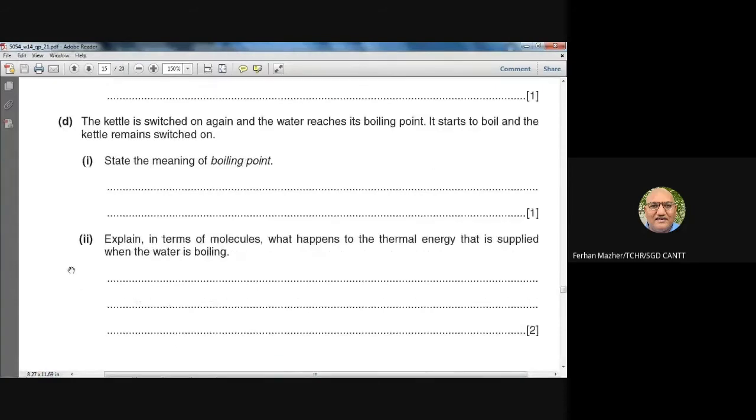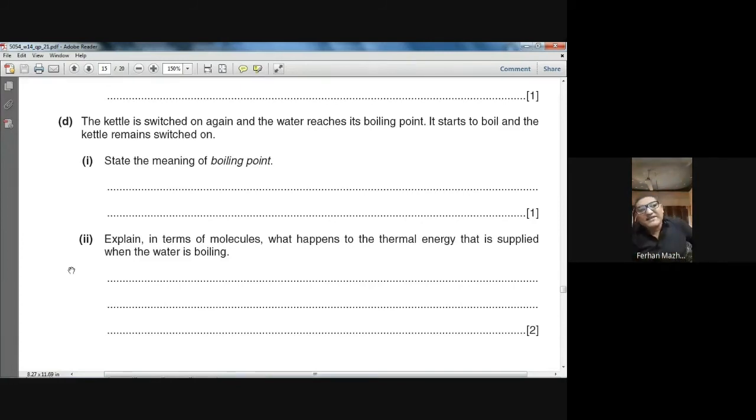D part on your screen. The kettle is switched on again and the water reaches its boiling point. It starts to boil and the kettle remains switched on. State the meaning of the boiling point. Boiling point means a specific temperature. You know that during boiling, the temperature will not change.